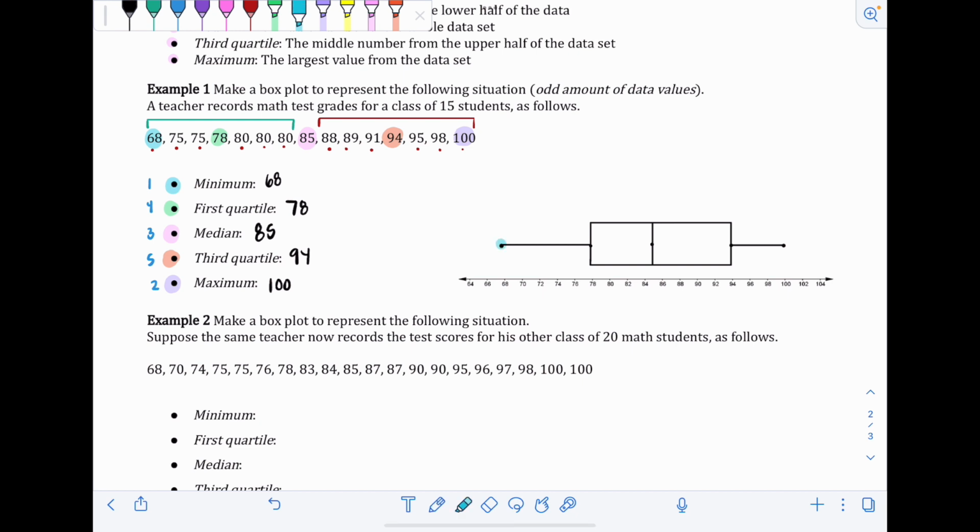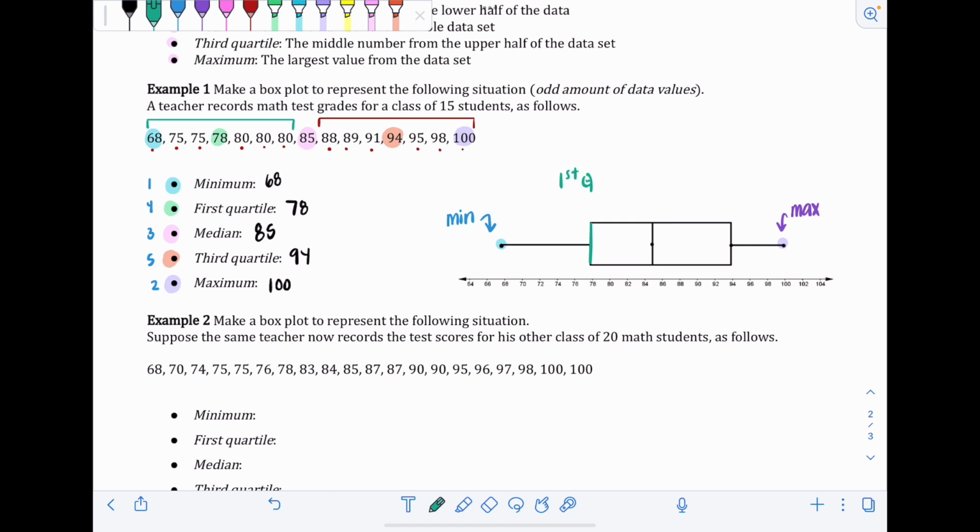So this first point is the minimum. I'm just going to shorten it to min. And then this far right point, that's our maximum. Just going to shorten it to max. And then the first part of the box right there, that's our first quartile.